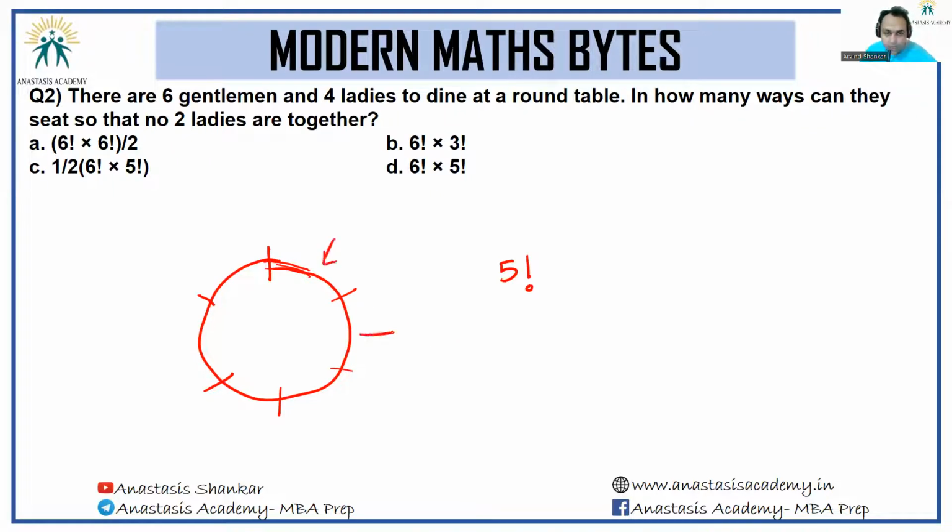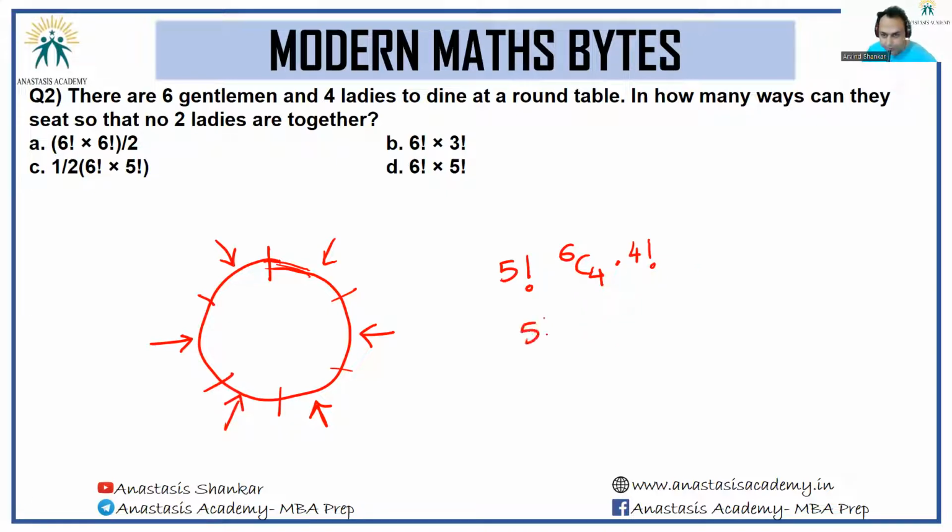Now, among the 6 spots generated, these spots that are marked by an arrow, females can occupy any 4 spots. So let's select those 4 spots in 6C4 ways, and then females can rearrange themselves in those 4 spots in 4 factorial ways.